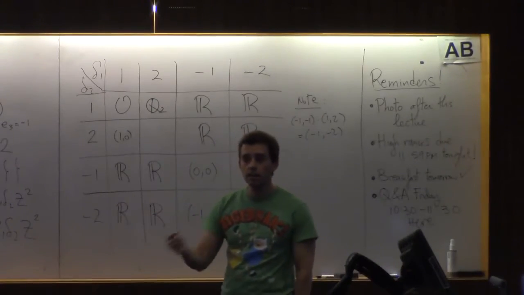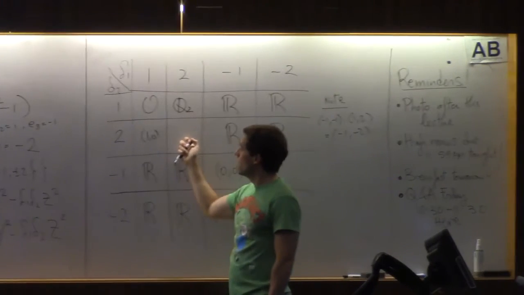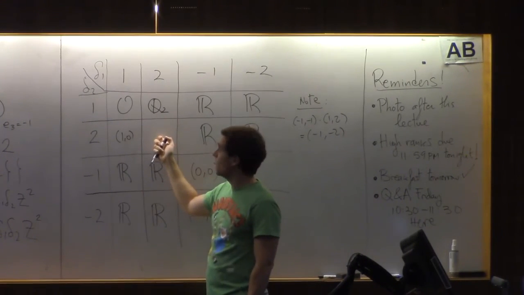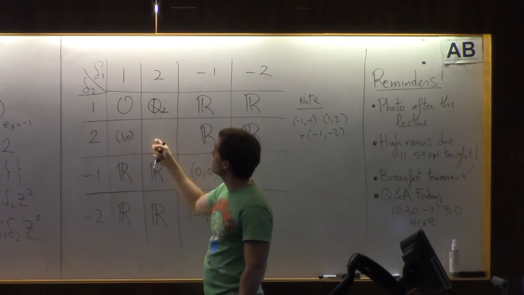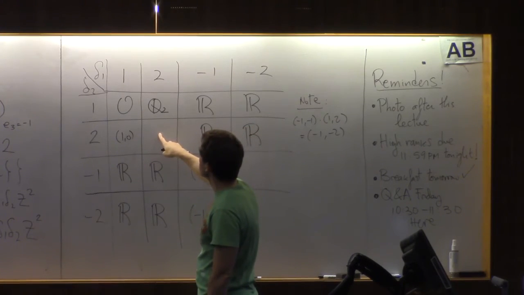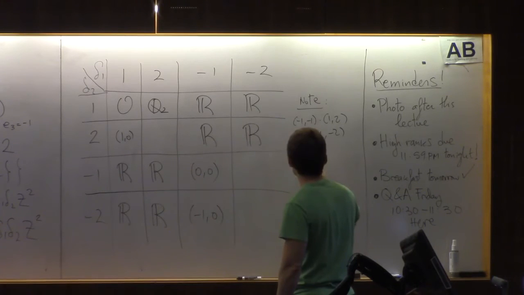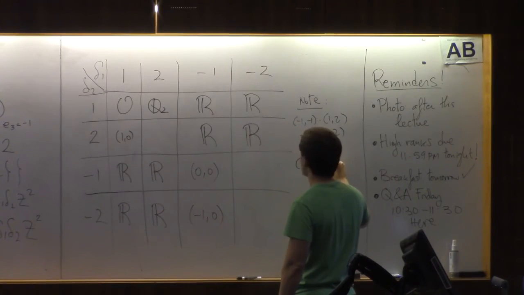And now, as I said, I'm going to use the fact that this is a homomorphism. Is there a point here? Well, if there was a point here, this is (2, 2). If I multiply by (1, 2), what did I get? How much is (2, 2) times (1, 2)?